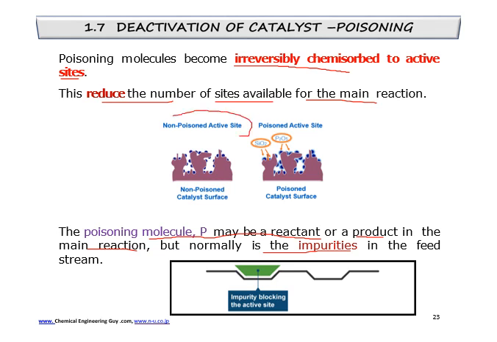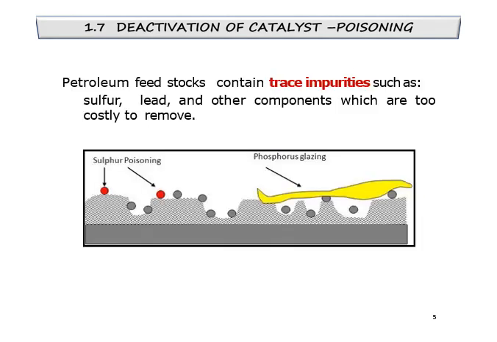So, for example, this is the image of non-poisoned active sites, and this is the image of active sites which are already poisoned by this molecule, meaning that the poisoned active sites cannot really function well for the main reactions. This is another example of poison molecules which can be found in petroleum feedstocks.